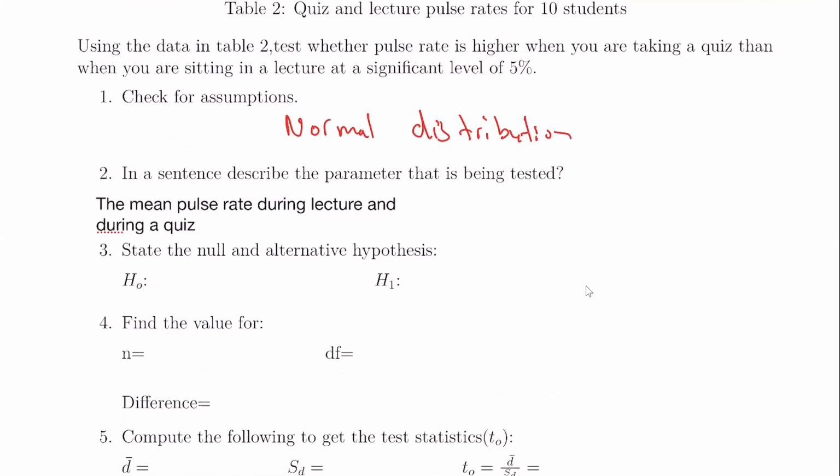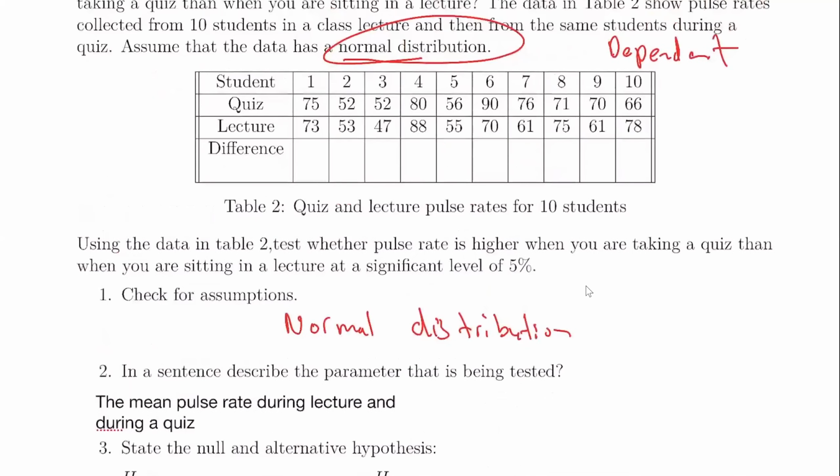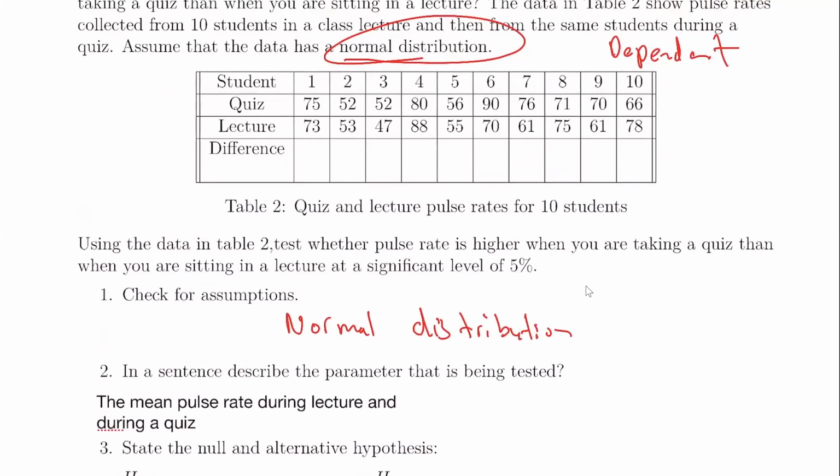All right, the first thing I want to do is subtract. For right now, you want to figure out if you want to do quiz versus lecture or lecture versus quiz. When do they think we're going to have a higher post rate?